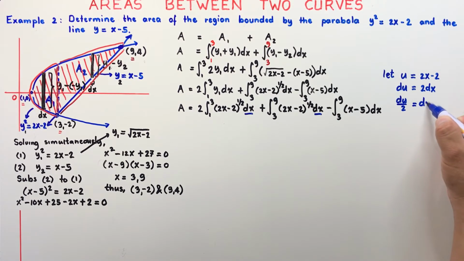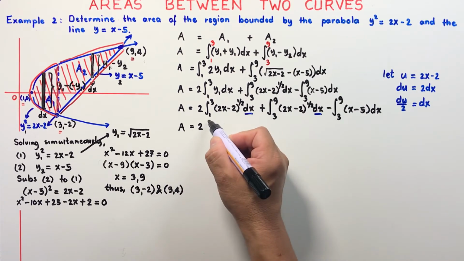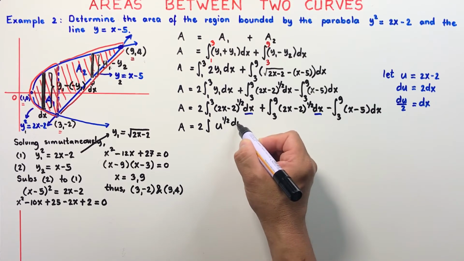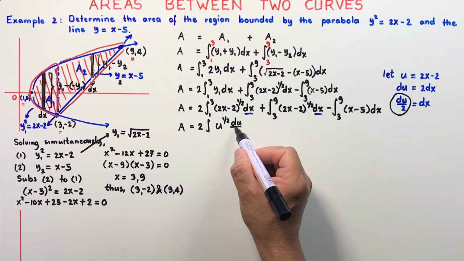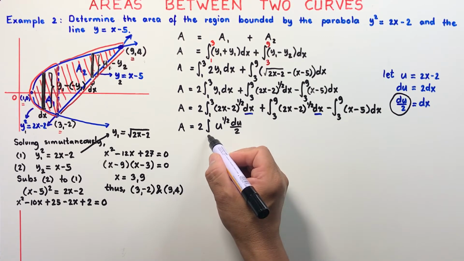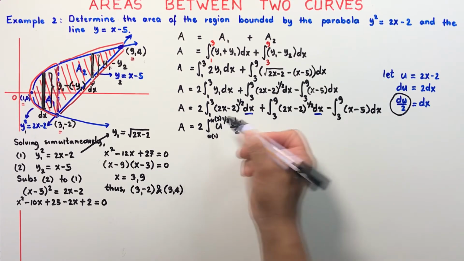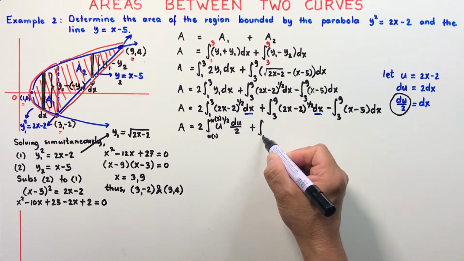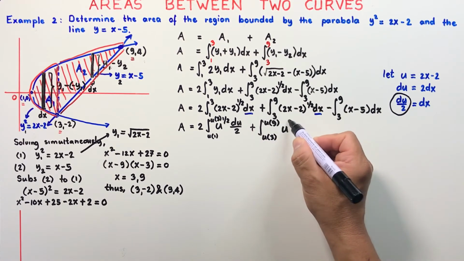So we have dx. So by substitution, we have area which is equal to 2 times the integral of u to the power 1/2 times the value of dx, which is du over 2 here. So instead of writing dx, we will write du over 2. But the limits of integration is u of 1 to u of 3 because we are changing the variable to u, plus the integral of u of 3 to u of 9 of u to the power 1/2.